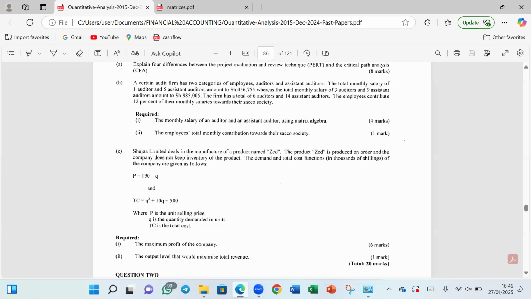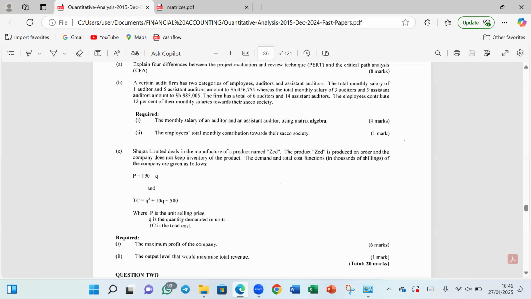Whereas the total monthly salary of 3 auditors, 3X plus 9Y is equals to 985,005.